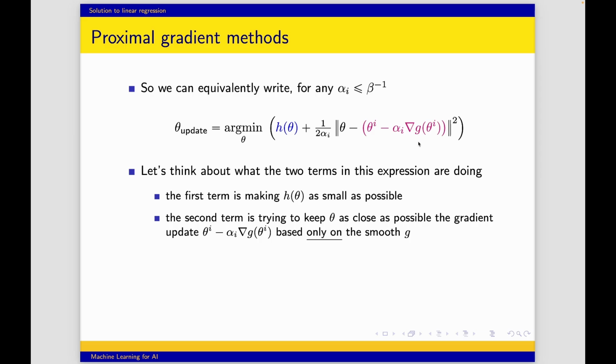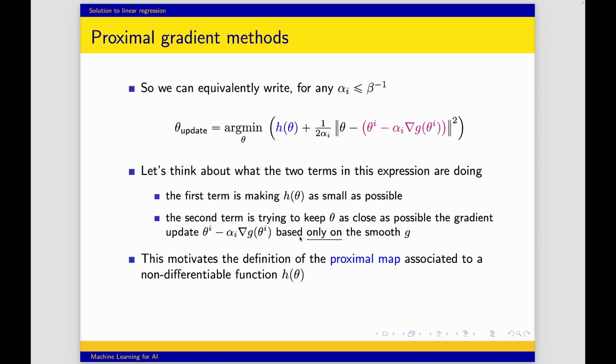And this g is a nice beta smooth function. So the first term is trying to minimize h, while at the same time keeping theta as close as possible to this gradient descent update based only on minimizing a smooth function, g.